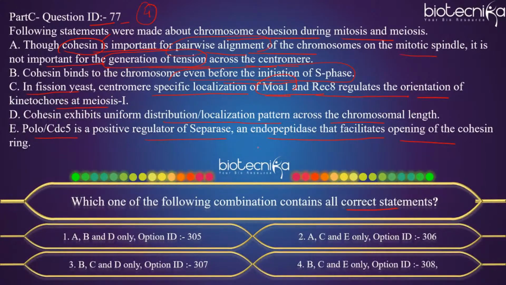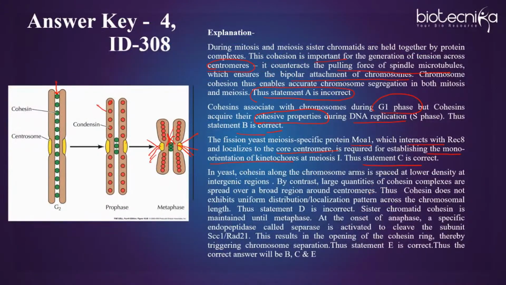So this orientation is possible because of the association of these proteins, right? Then, cohesin exhibits uniform distribution localization pattern across the chromosomal length. What do we see? It is not uniform distribution, right? So that is why D is incorrect over here. Why D is incorrect? Because if you study in detail, you'll find that cohesin does not exhibit uniform distribution pattern across the chromosomal length.